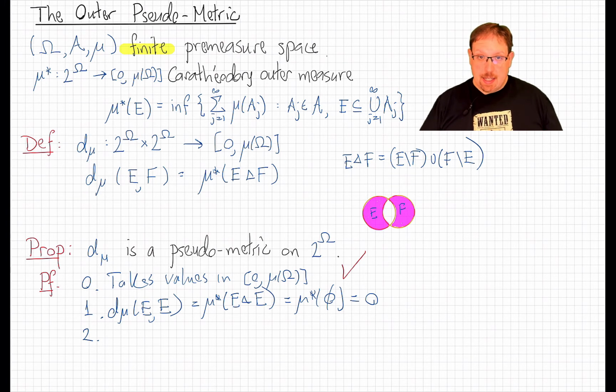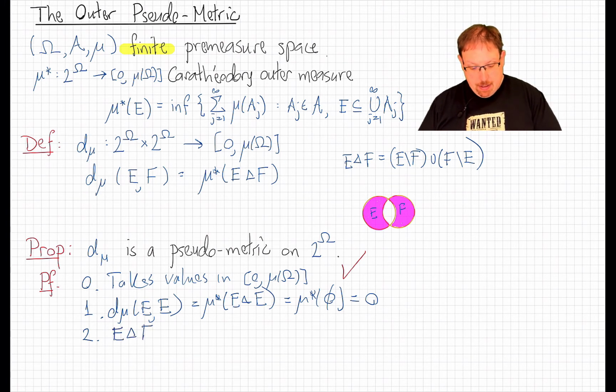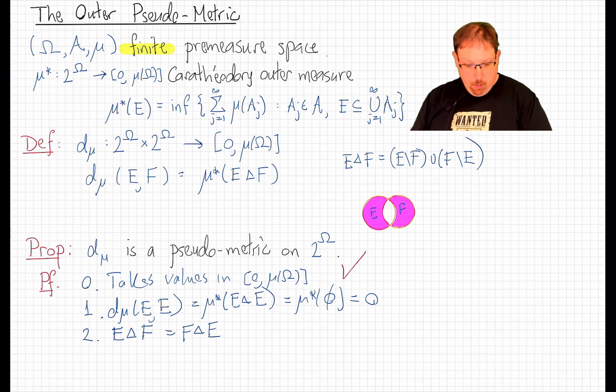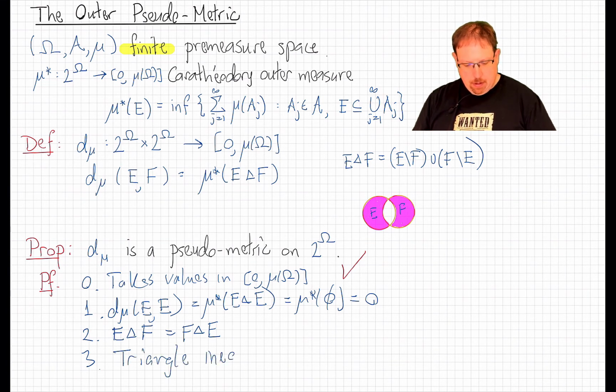We need to see that this function is symmetric, but that follows simply from the fact that symmetric difference is symmetric, also apparent right from the definition. Finally, we are left to check the triangle inequality. And that is on your homework.